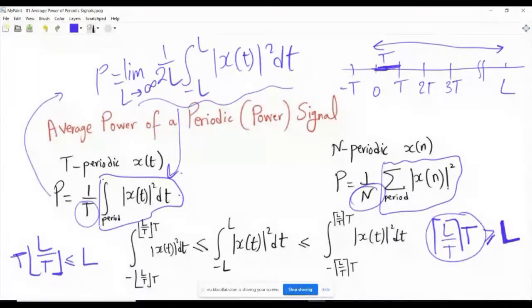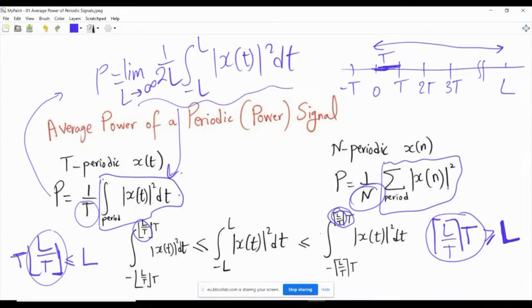So that's the idea. You can find an upper bound by using the ceiling, and a lower bound by using the floor, and now you are integrating, if you divide this integral into two integrals, from 0 to this number. This is an integer number of periods, right? Because the advantage of using the ceiling or the floor is that those are integers.